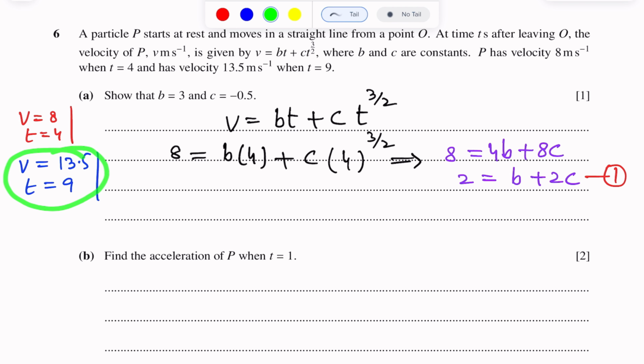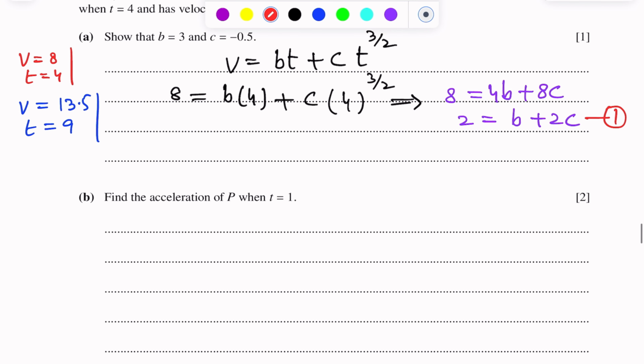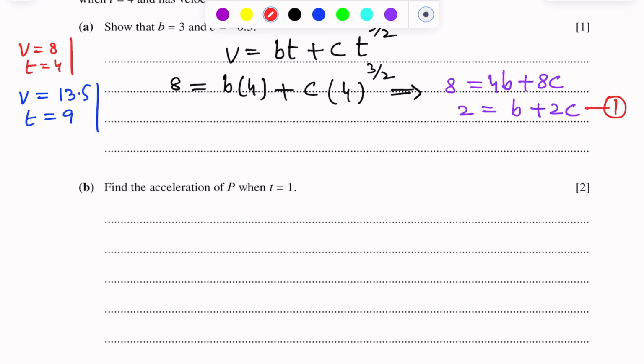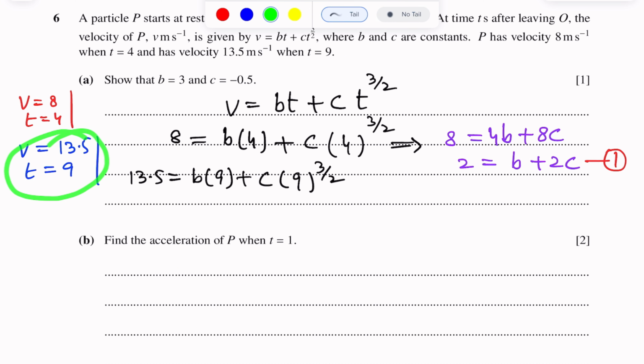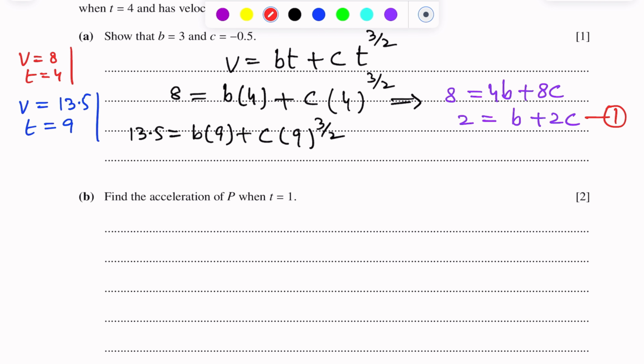Now similarly, we put the second set of values in the same given relation and get another equation in B and C. We get 13.5 is equal to B into 9 plus C into 9^(3/2). Simplifying, 13.5 is equal to 9B plus 27C, since 9^(3/2) is 27.